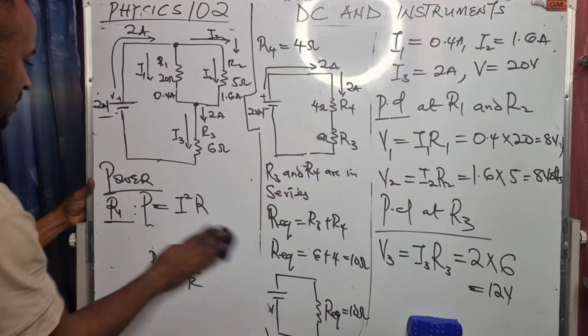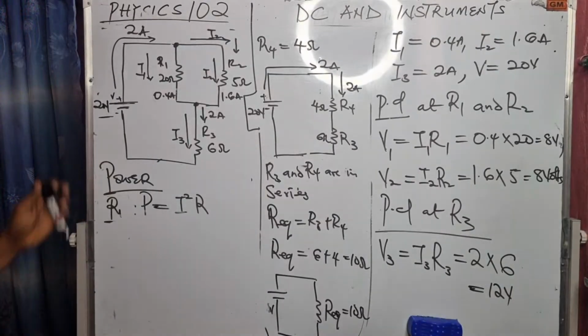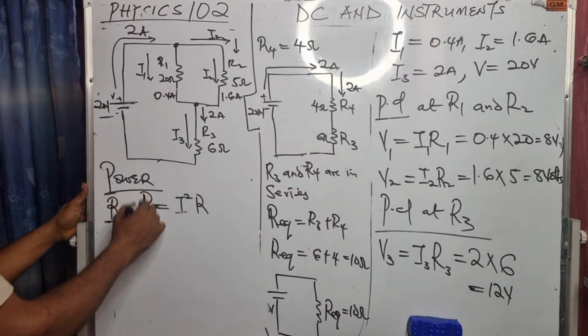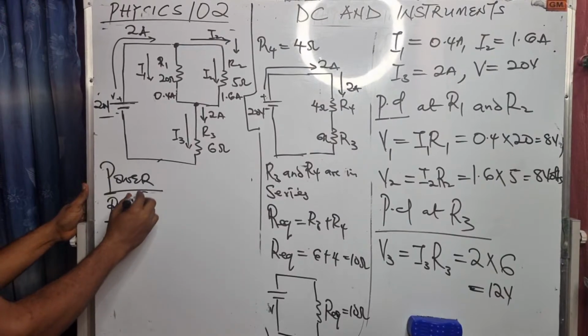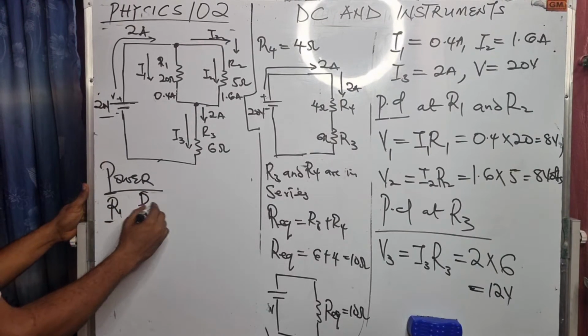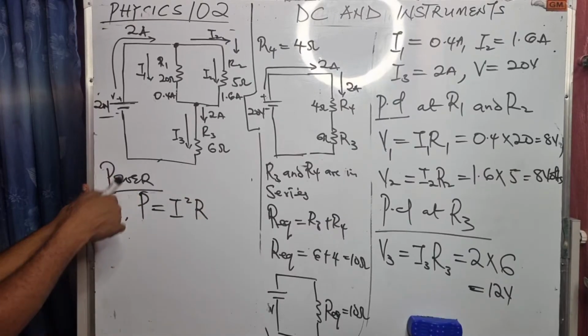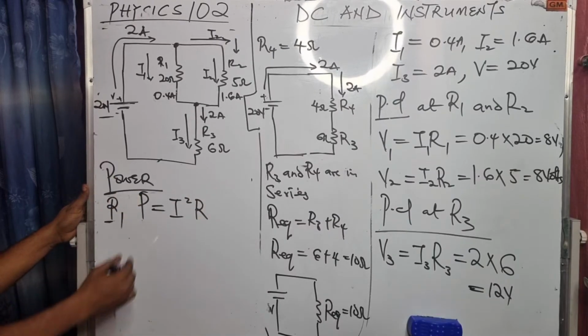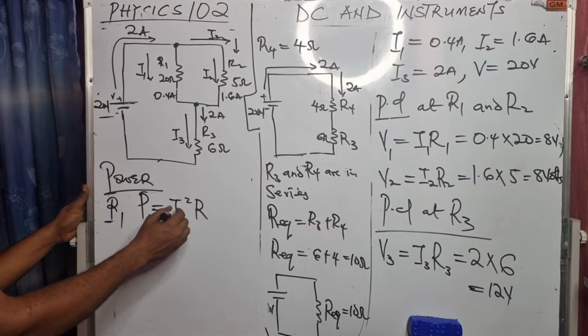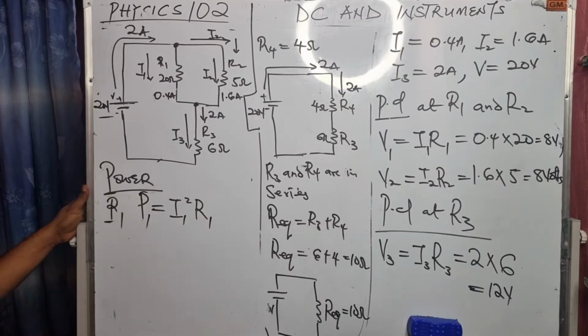So let's make use of the first formula. P is equal to I squared R. For R1, P equals what? I squared R. So power absorbed by resistor 1 will give us P1 equals I1 squared times R1.